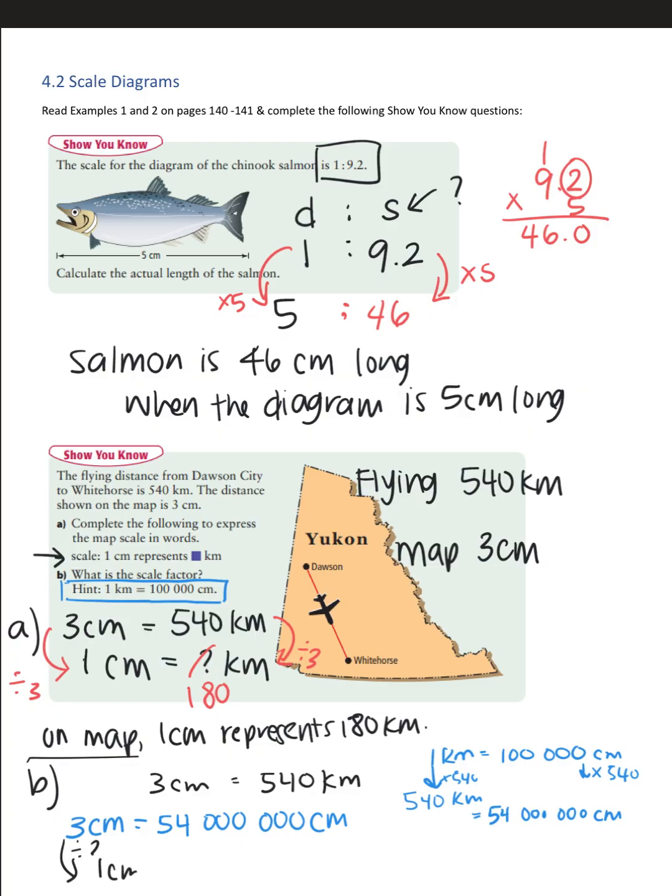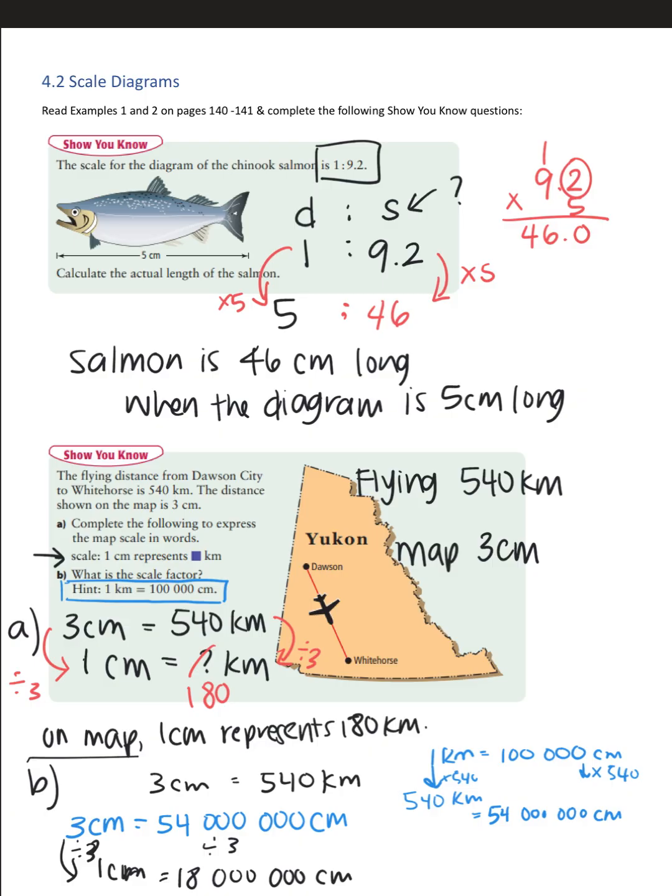So I'm going to divide this side by 3, and I'm going to divide this side by 3, and I'll be left with 1 centimeter represents 18 million centimeters. So 1 centimeter, okay.